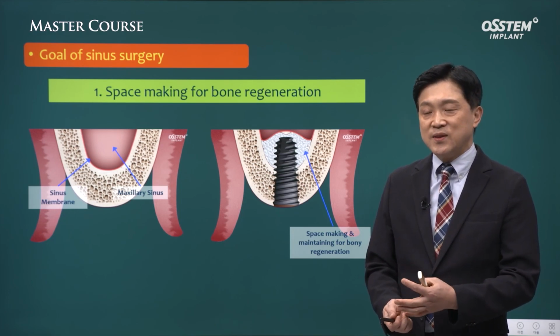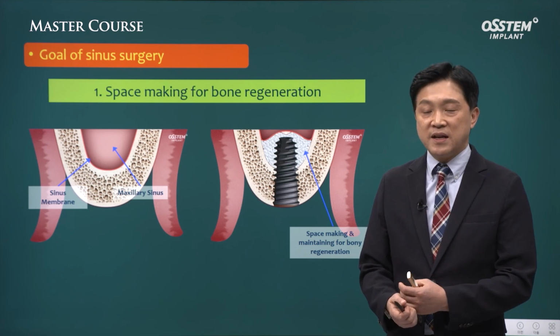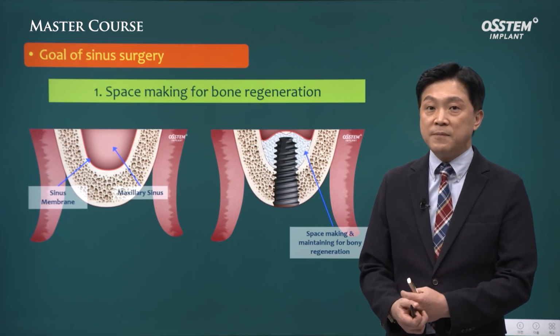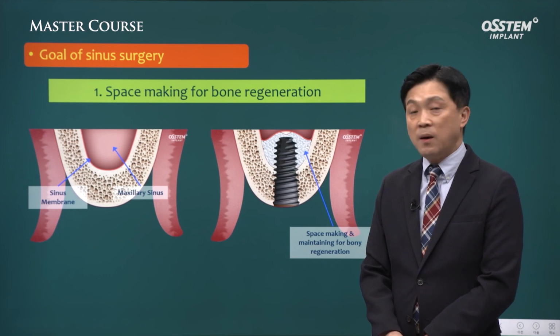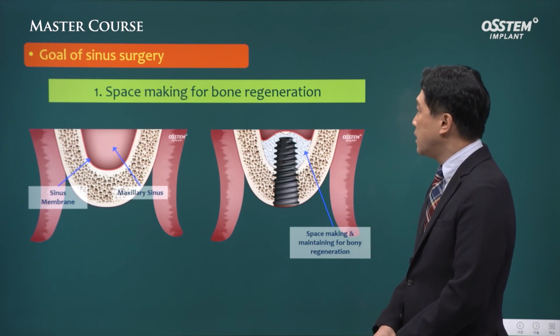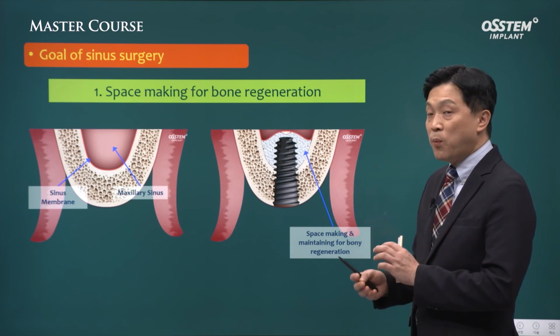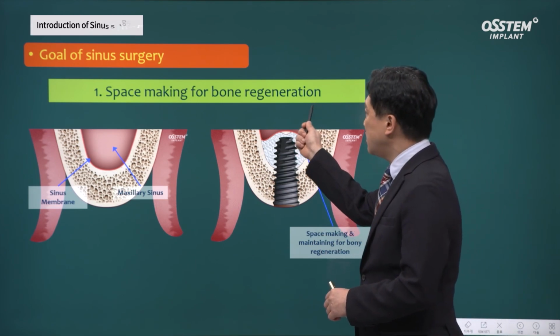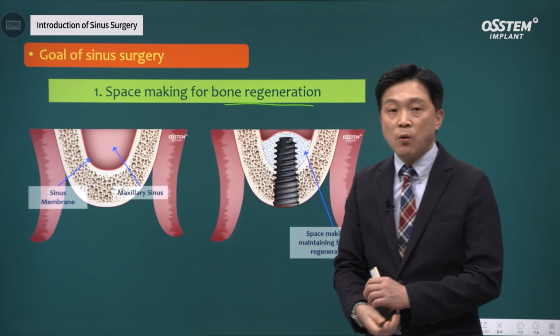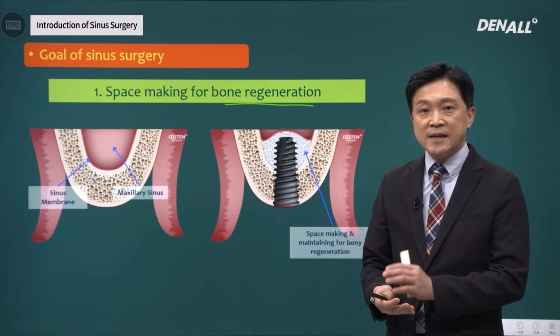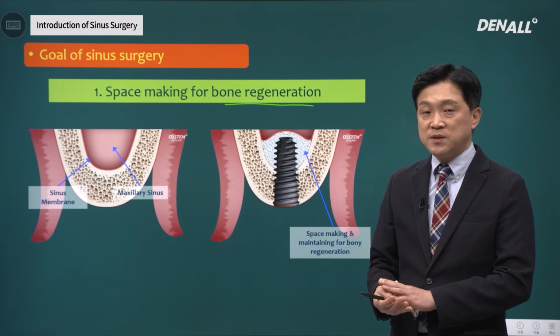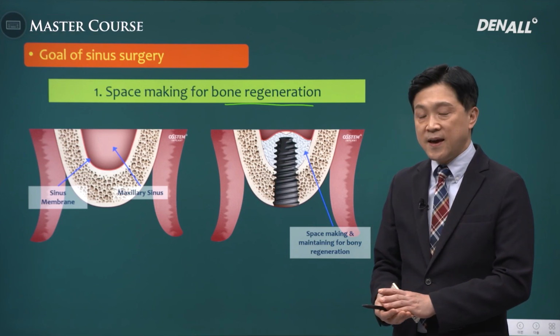The reason is, once extraction occurs, pneumatization continues to occur in the sinus and vertical height of bone becomes reduced. That's why the sinus lift is performed. The purpose of sinus surgery is to secure space for bone regeneration. Atraumatic detachment of the sinus membrane is the key.